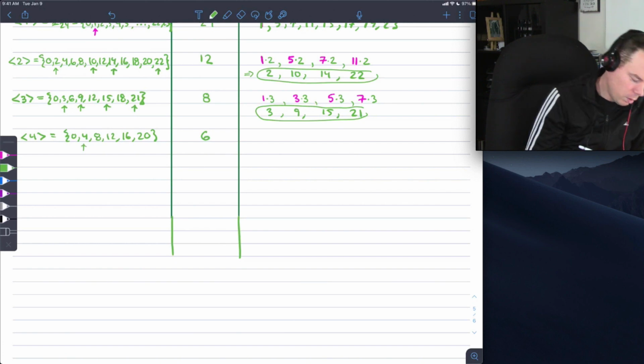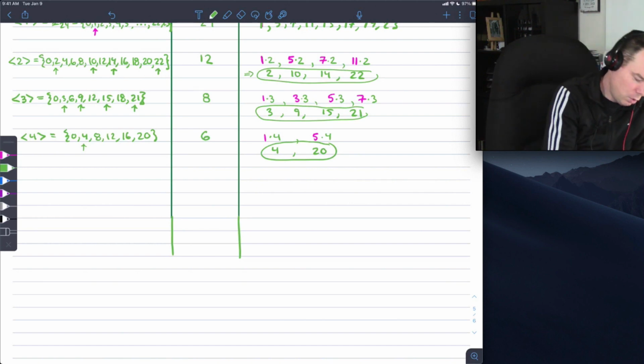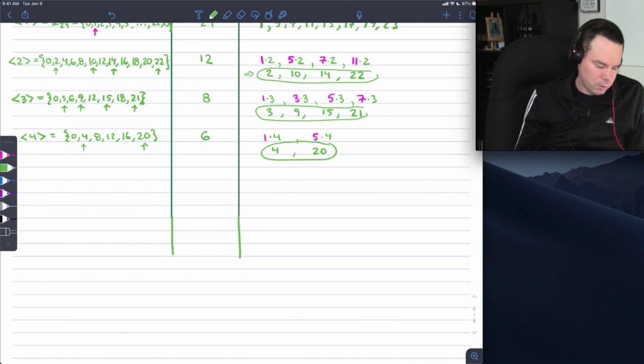We used 4, but what are the other ones? We take the numbers relatively prime to 6, which are 1 and 5, and we look at those multiples of the current generator we have, which is 4. So that means we have 4 and 20. So those are the 2 possible generators for this group, this subgroup.